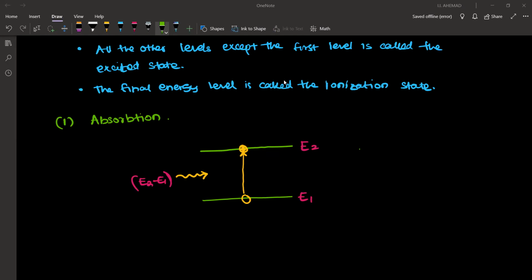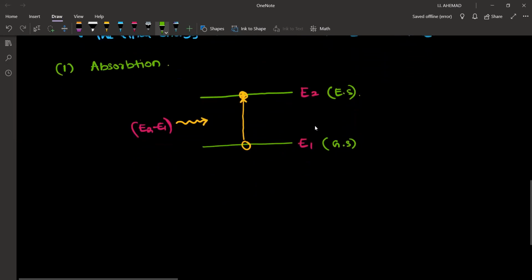So this is energy level 1, the ground state. And this is going to be the excited state. Do you get the idea?